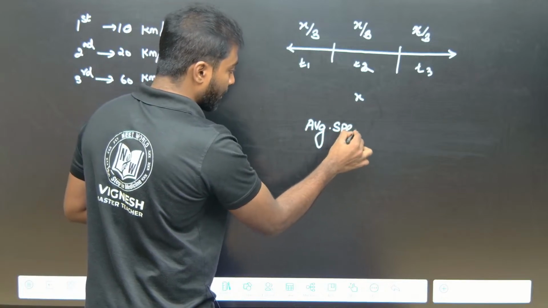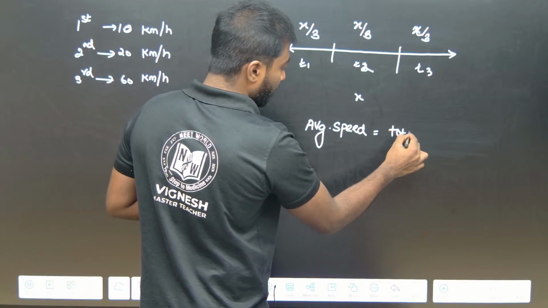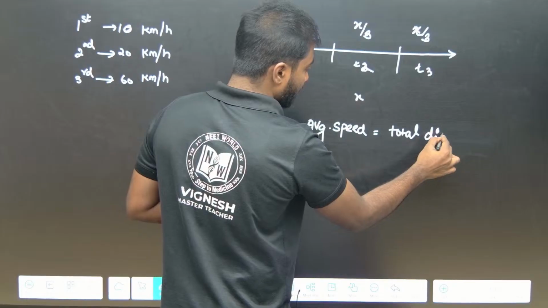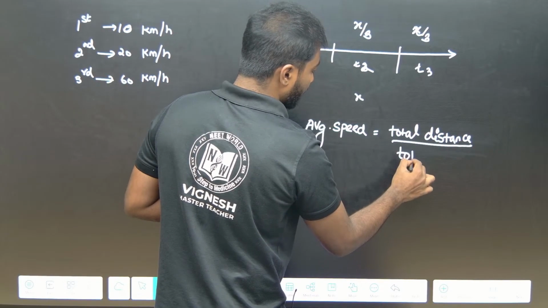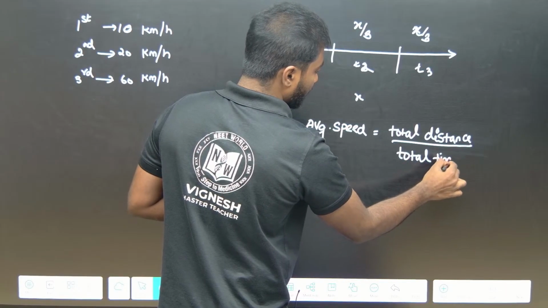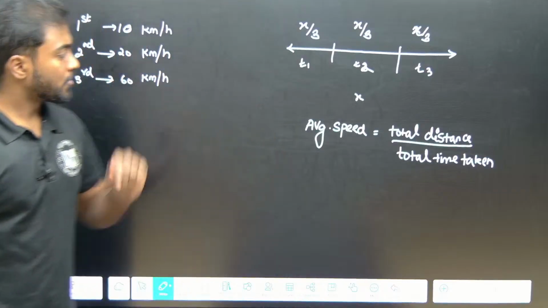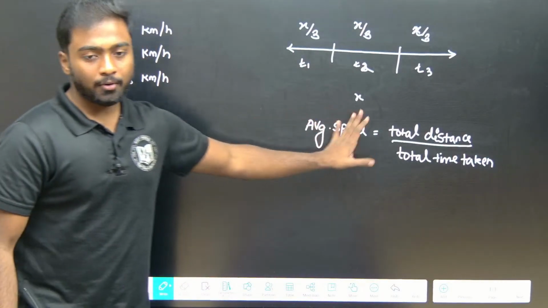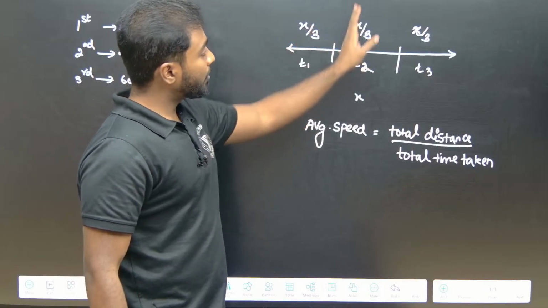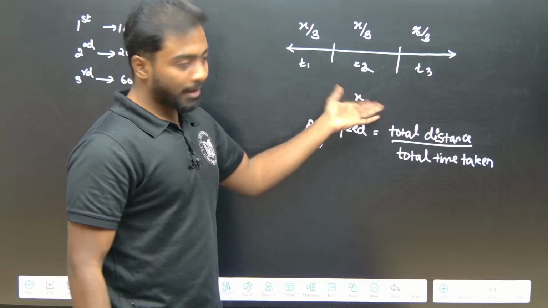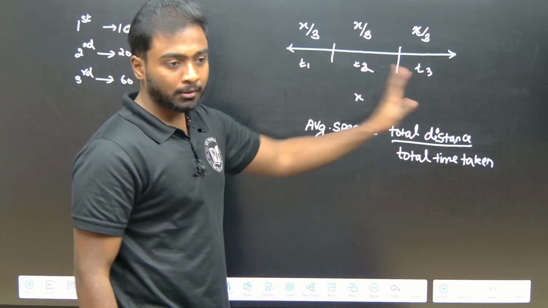Average speed is nothing but total distance by total time taken. Now total distance means x by 3 plus x by 3 plus x by 3, which is nothing but x. Total time means t1 plus t2 plus t3.